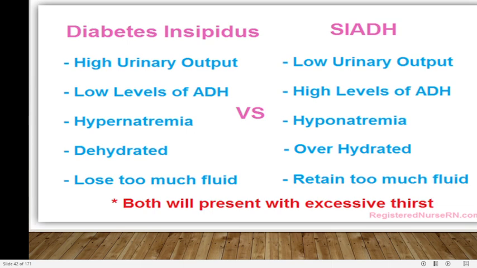Differences between diabetes insipidus and SIADH. In diabetes insipidus, we have high urinary output because we don't have ADH to control diuresis. Low levels of ADH, hypernatremia, dehydrated, and lose too much fluid.